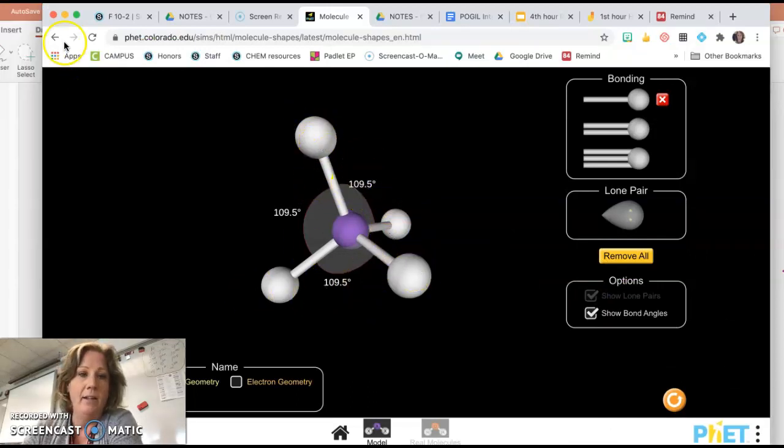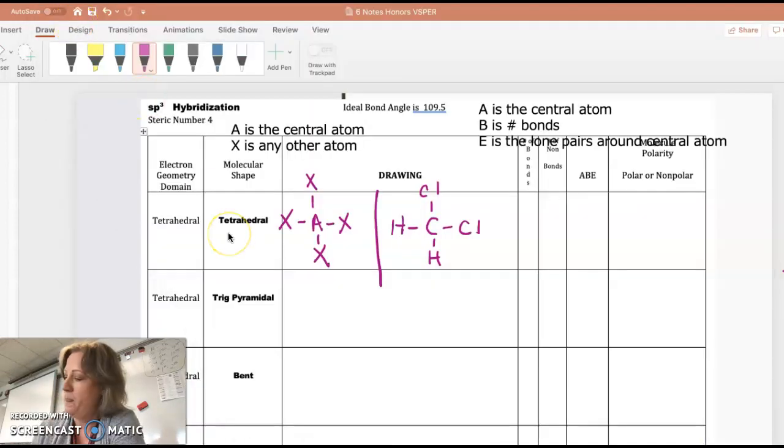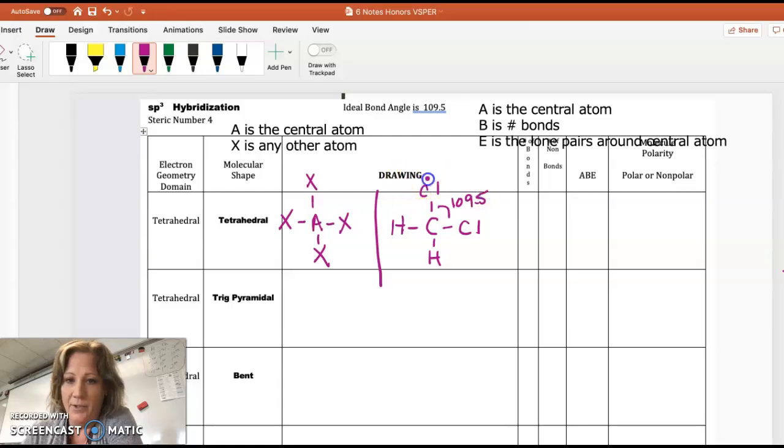And you can see the angle is 109.5, and we'll see how that changes too. So this angle is 109.5. Our Lewis structures would still have those electrons.